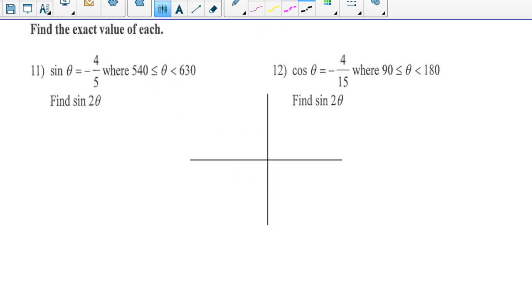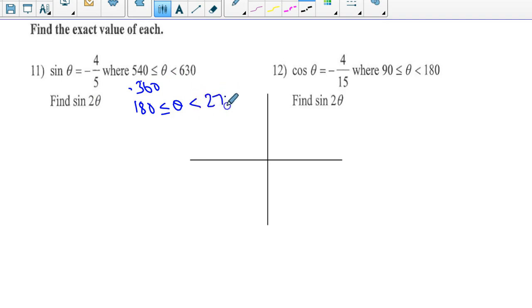So 540 is nothing but, take away 360, 540 minus 360 is how much? 180. So 180 degrees is less than or equal to theta, which is less than how much? 630 degrees. Again take away 360, that will give you 270.